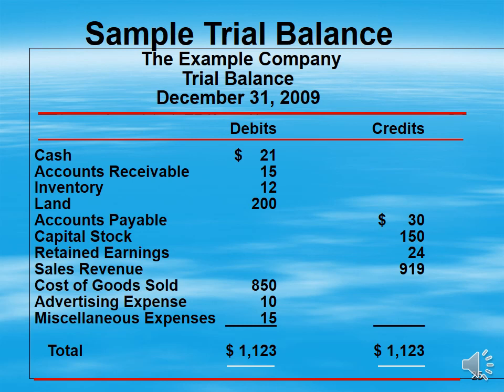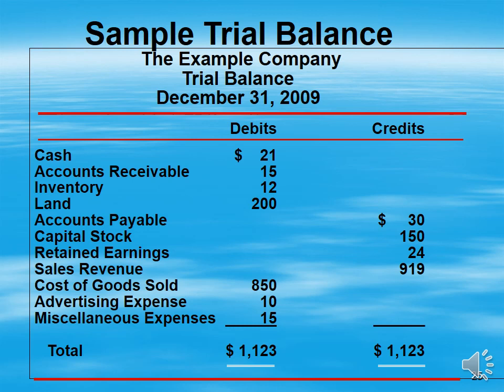In the trial balance, you have to list all the accounts with their balances. See here, there are cash account, account receivable, inventory, land, account payable, capital stock, retained earnings, sales revenue, cost of goods sold, advertising expenses, miscellaneous expenses. So this is an example of a trial balance of a business.